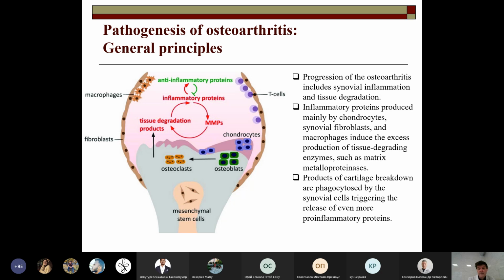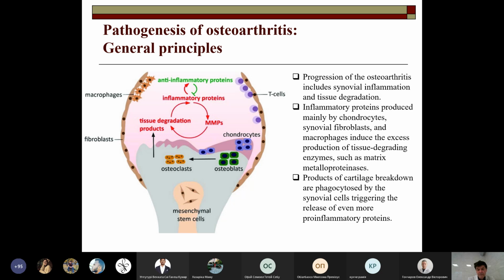Moreover, the debris can stimulate the T cells and thereby the circle ends up. And finally, we can see that the mesenchymal stem cells, under control of anti-inflammatory cytokines, can suppress, and the lower activity of the endogenous repair system cannot maintain the reparative potency of chondrocytes.